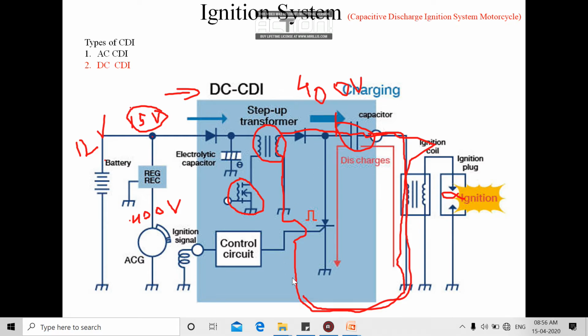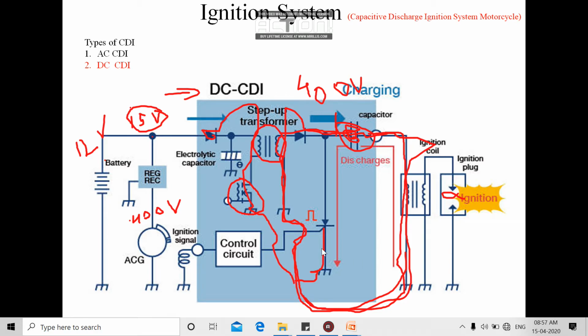Okay, so this current may enter through this way also, but here a transistor is there, so the way of current flow is stuck here. It may be possible to pass through this way also, but again here there is a diode. Okay, so it may get stuck, so the circuit will complete in this way only. In that way the current circuit completes in order to charge the capacitor.